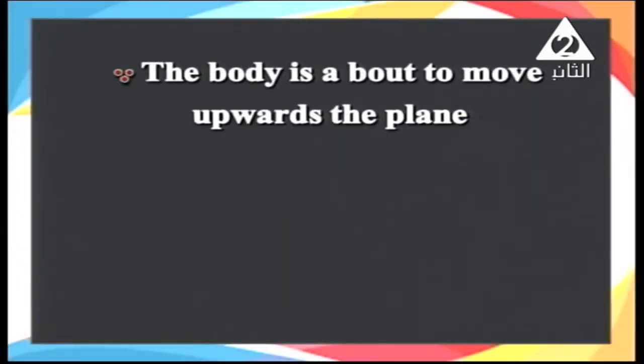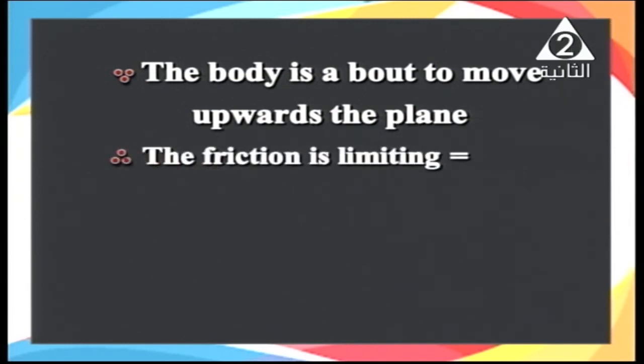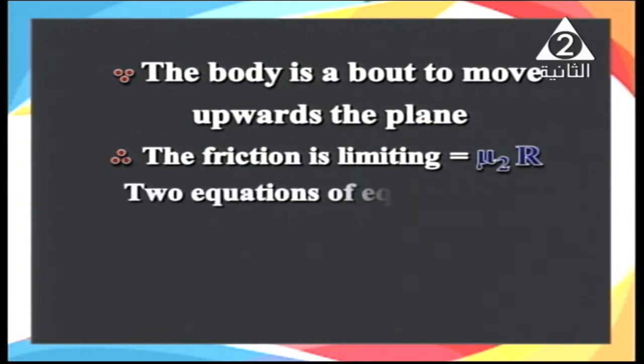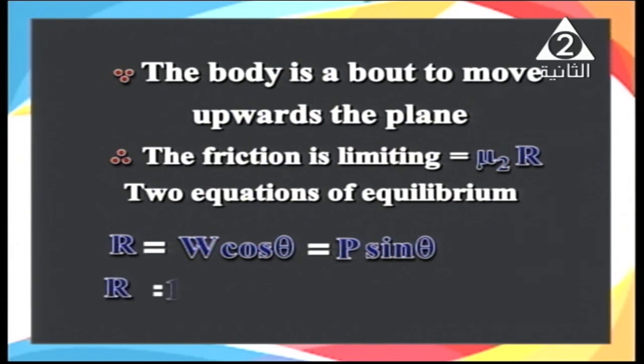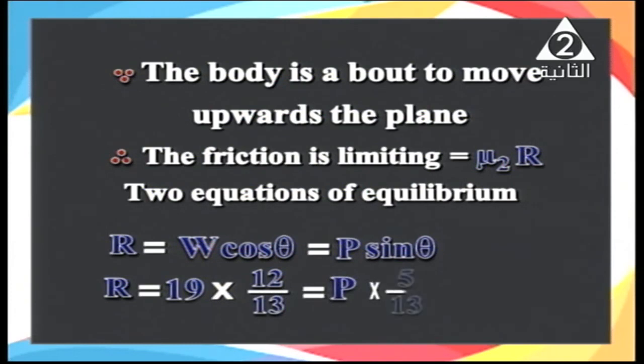Therefore, the body is about to move upward the plane, so the friction is limiting and equals μR. Two equations of equilibrium. Number one: R equals W cosine theta plus B sine theta. R equals 19 times 12/13 plus B times 5/13.